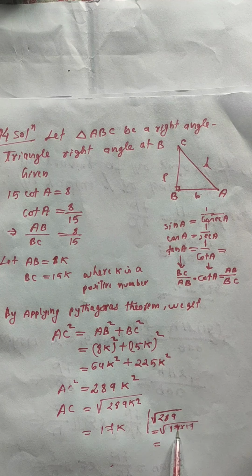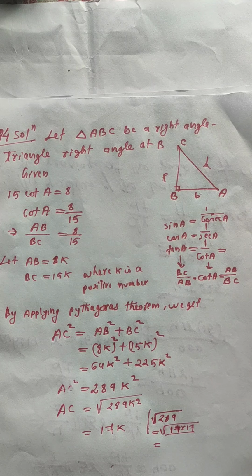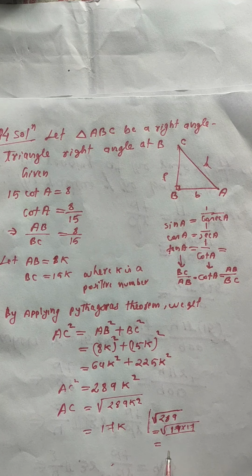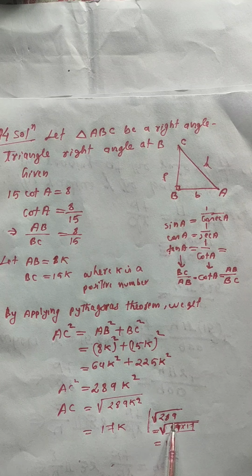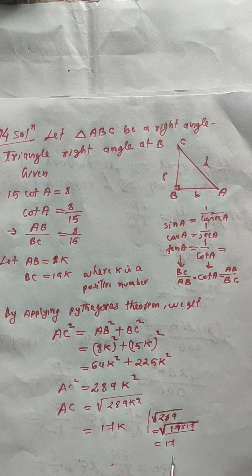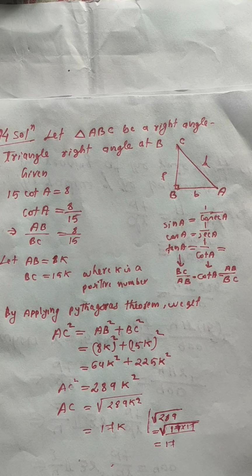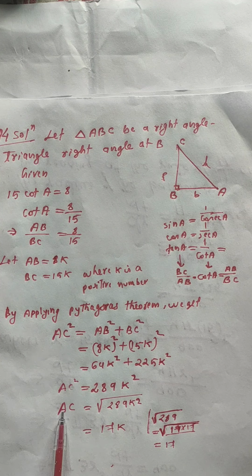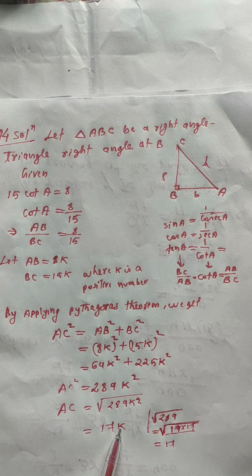So out of this two 17s, we have to write only one 17, isn't it? And this root over symbol will be omitted. Right? So AC equal to how much? 17K.